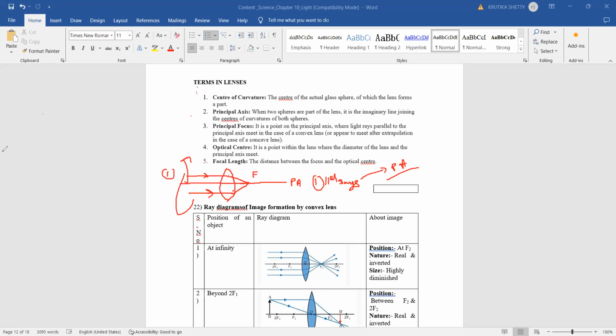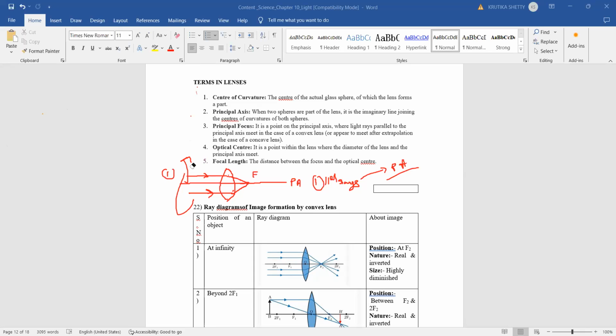Write down the first one: the rays which are parallel to principal axis pass through principal focus. So this is the first type of ray.